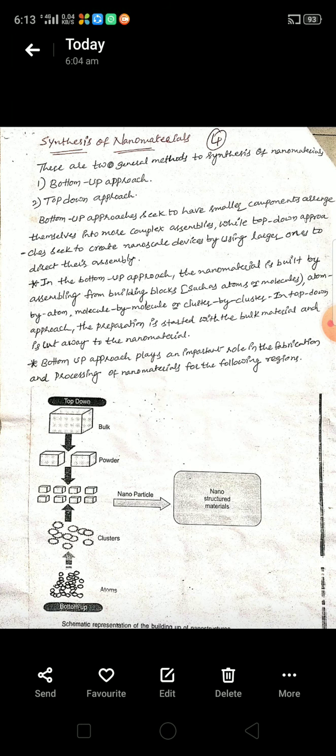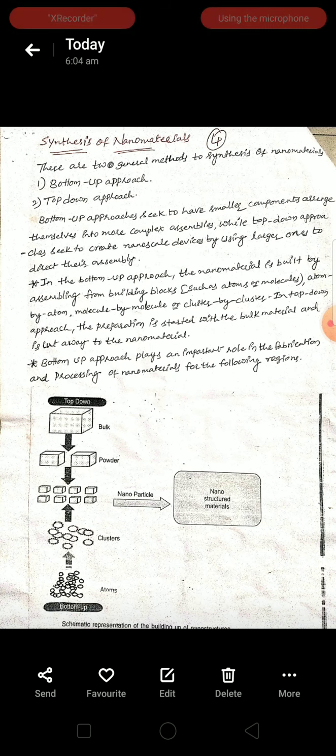Have you understood? There are two types: bottom up approach and top down approach. In the bottom up approach, smaller components arrange themselves into complex assemblies, that is the bigger nanomaterial, whereas in the top down approach the larger nanomaterial is cut down into smaller particles.